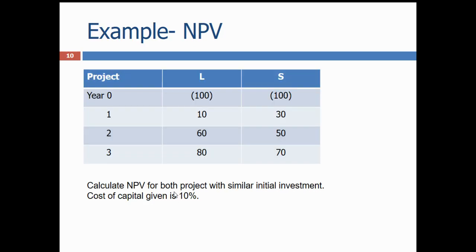So let's do an example to get a clear understanding of NPV. You have two projects here, project L and project S. Each has the same cash outflow in the beginning of the year. When we say beginning of the year, it means year zero. Let's say 1st January 2020 is year zero, and then 31st December 2020 is year one.